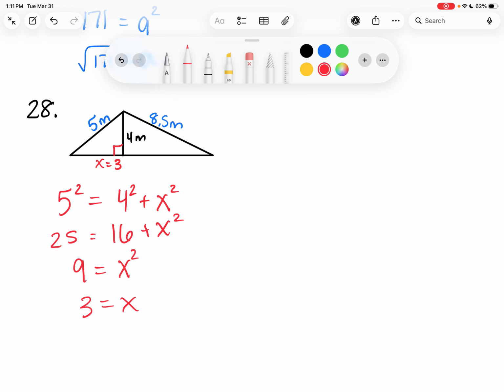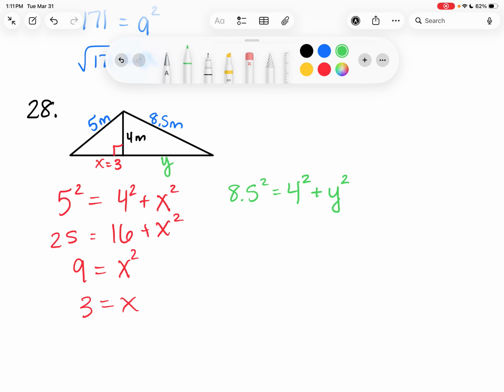All right, now I need to find this base over here, because I need the base of the whole thing in order to find the area. So how would I set this one up on this side? 8.5 squared equals 4 squared plus y squared. 8.5 squared.